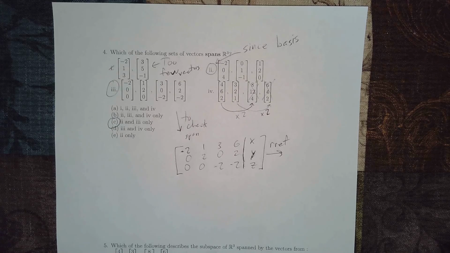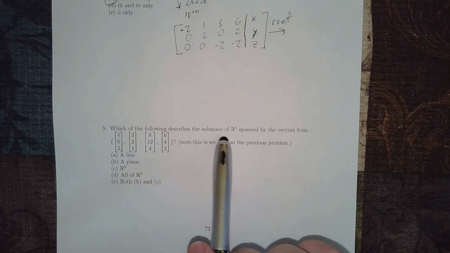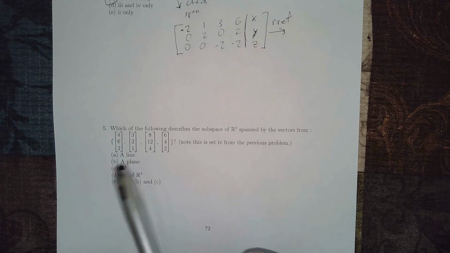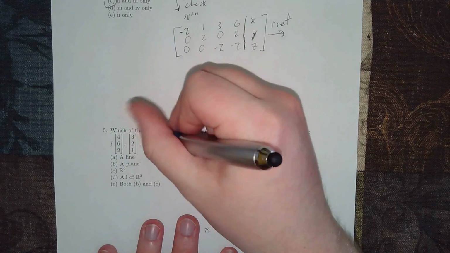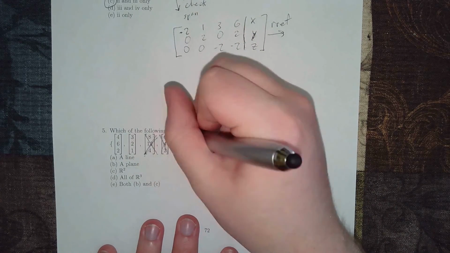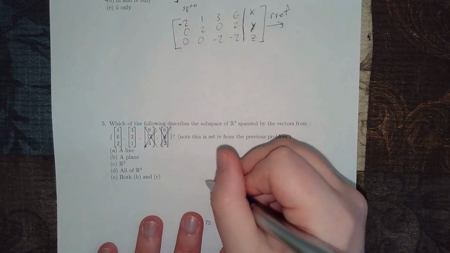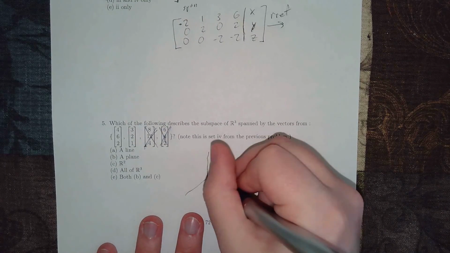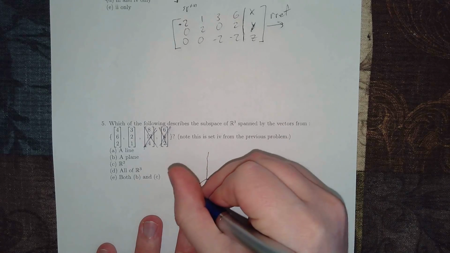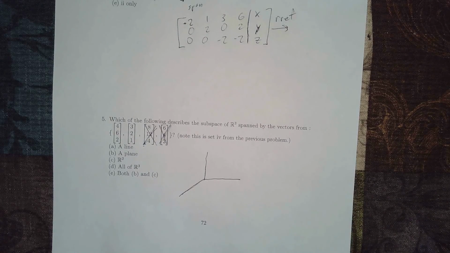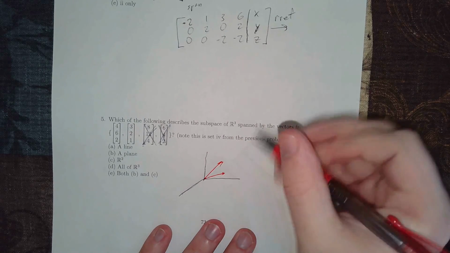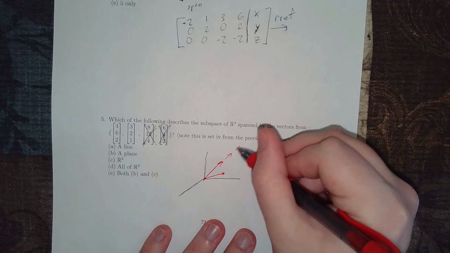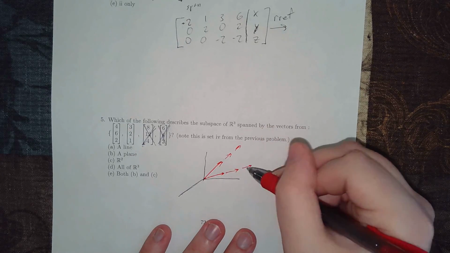So we want to then look at the last question. Which of the following describes the subspace of R3 spanned by the vectors from that last set? Remember, we talked about how these were going to be redundant vectors and not help us in our description. So if we look here in 3 dimensions, what we have are 2 different vectors and every possible linear combination of those vectors.